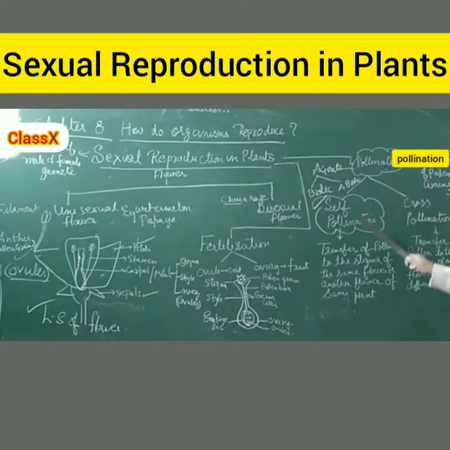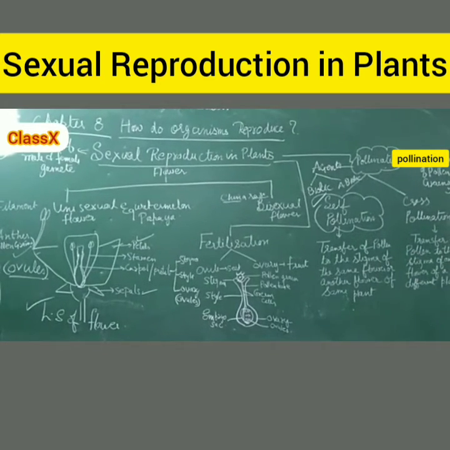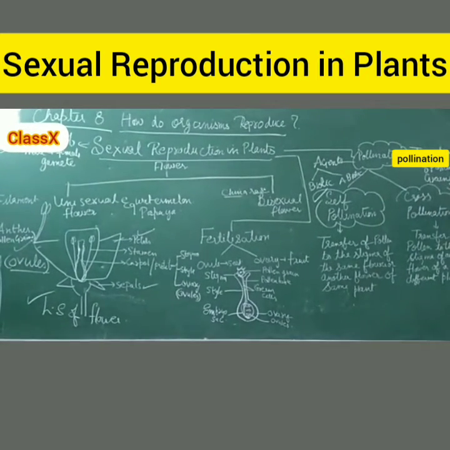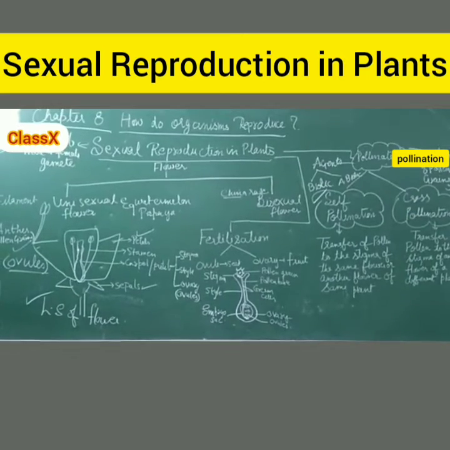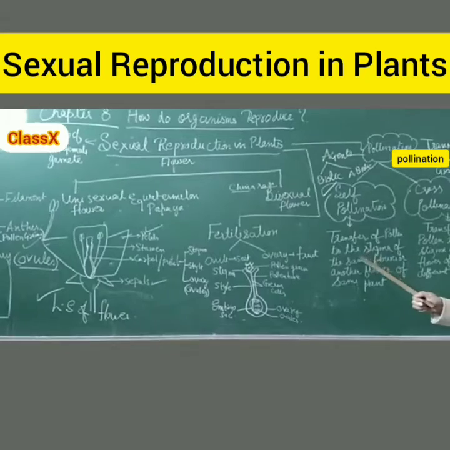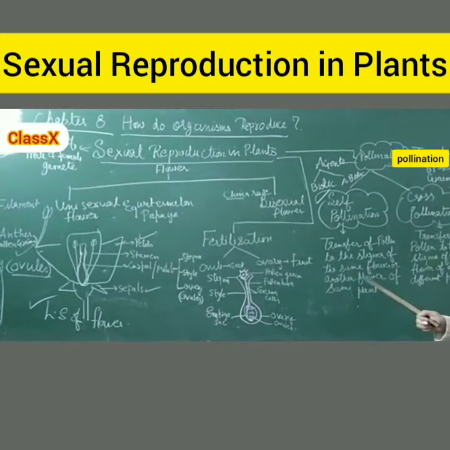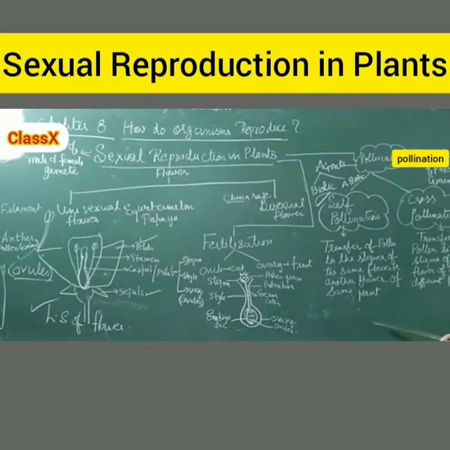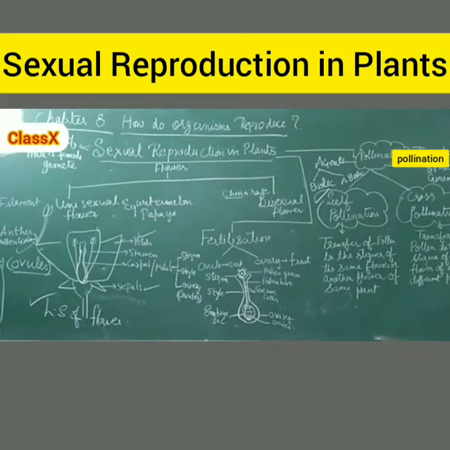Now pollination is of two types, that is self-pollination and cross-pollination. What do you mean by self-pollination? So when the pollen grains are transferred to the stigma of the same flower or another flower of the same plant, it is called self-pollination.